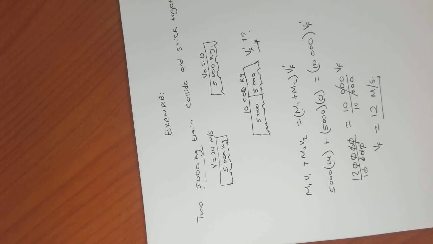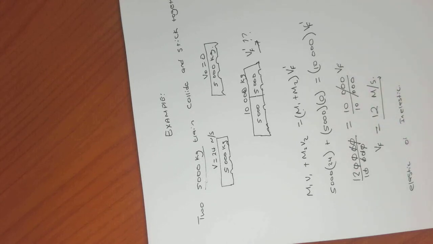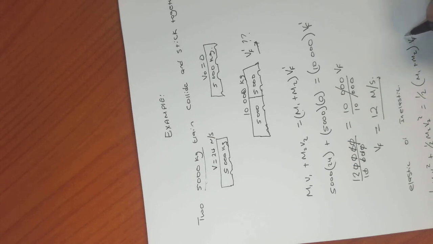Another question is: is this elastic or inelastic? To determine that, you can find the kinetic energy before and the kinetic energy after. So we can say half m1 v1 squared plus half m2 v2 squared equals half the sum of masses times v final squared.